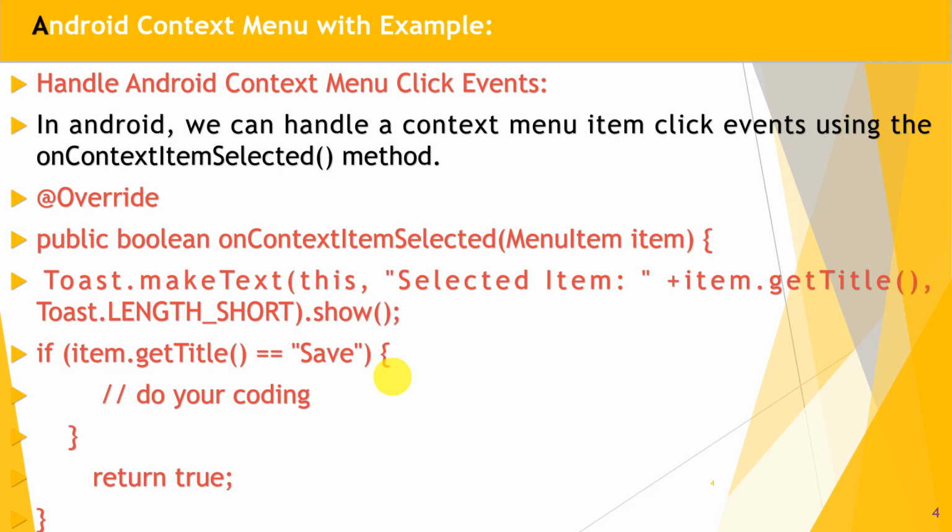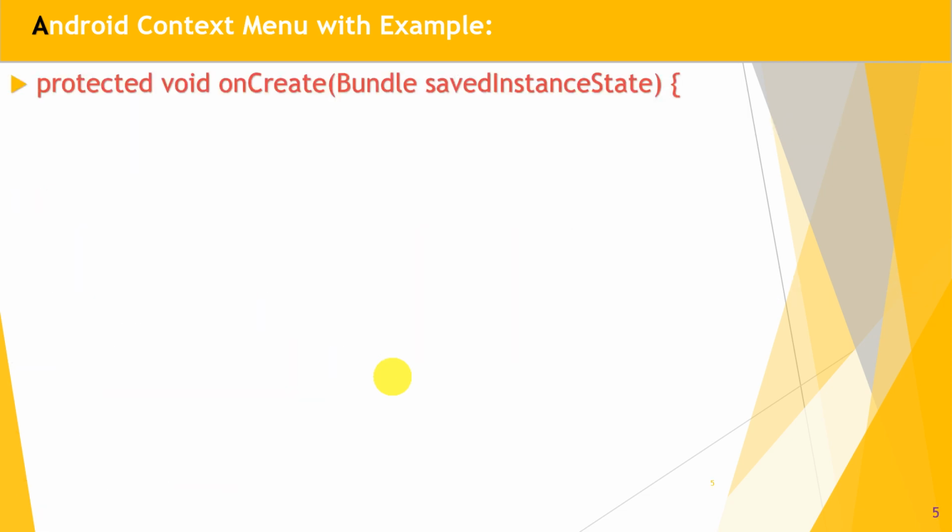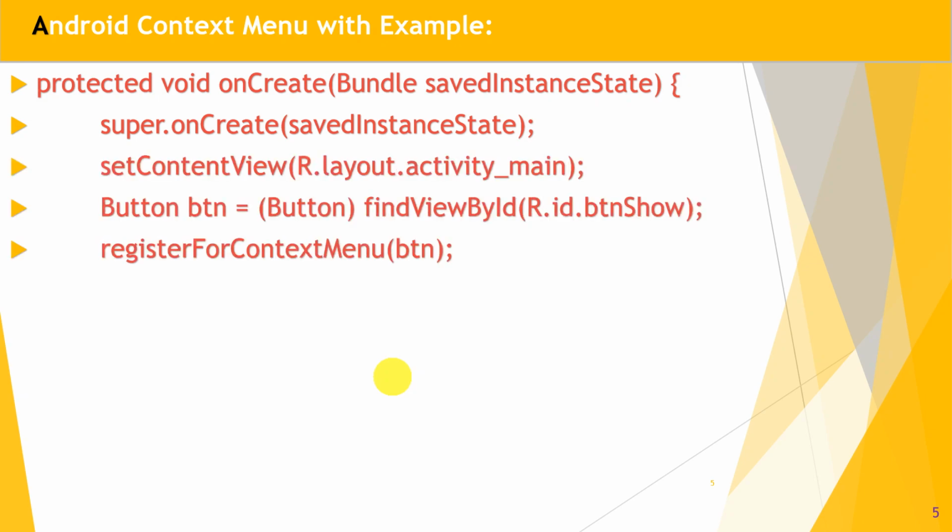So, move to the next part. Here in the onCreate method of the MainActivity.java file, suppose we have to register a button view to the context menu. So first create the instance of a button by using the findViewById method.